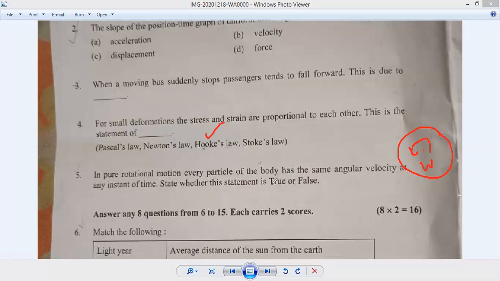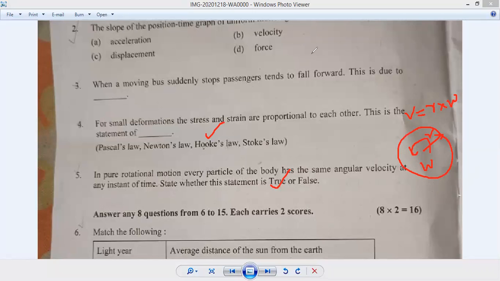So the statement is true. But their linear velocity may not be the same, because as the radial distance increases, linear velocity also increases. But the angular velocity will remain constant in a pure rotational motion. So the answer is true.